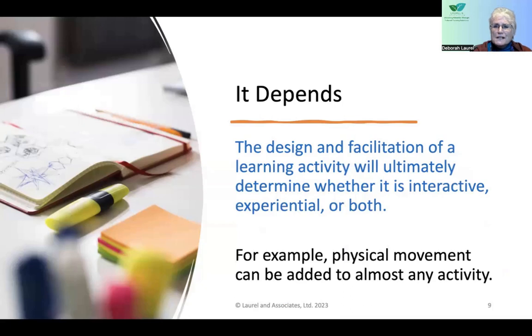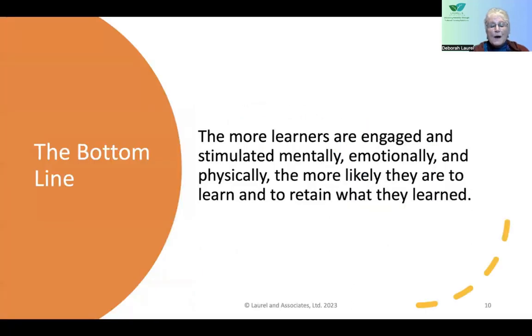The design and facilitation of a learning activity will ultimately determine whether it's interactive, experiential, or both. For example, physical activity can be added to almost any activity. The bottom line is that the more learners are engaged and stimulated mentally, emotionally, and physically, the more likely they are to learn and to retain what they learned.